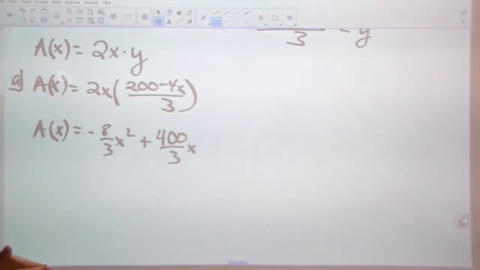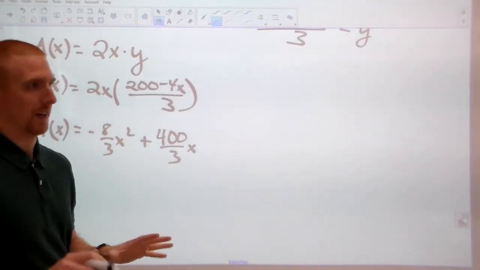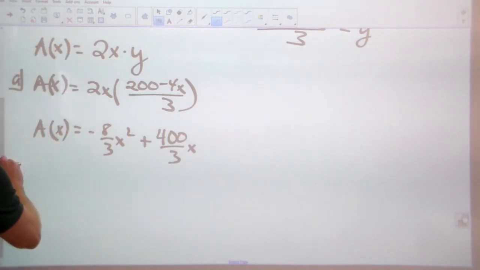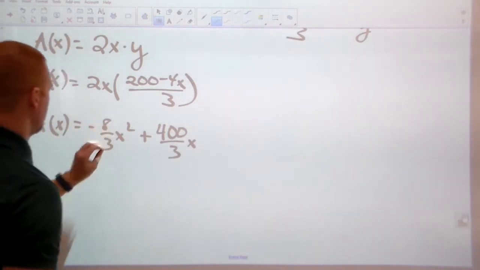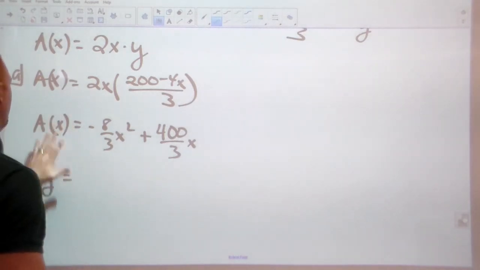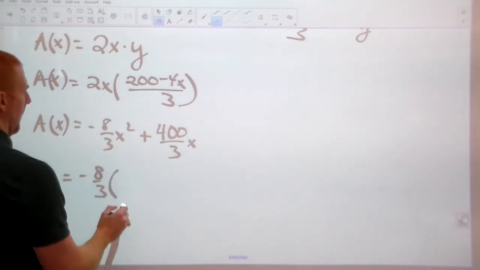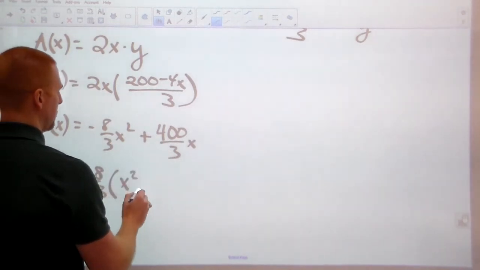All right, it looks a lot worse than it is. When I first looked at this problem and thought about doing it by hand, I kind of cringed myself. But we always take out the first thing that's with x squared. And I'm going to go ahead and again say y equals, because I don't want to deal with all those letters to write. So -8 thirds comes out, leaves me with x squared.